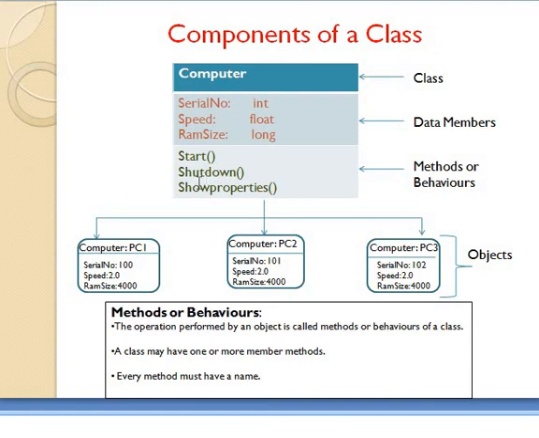In the same way, if the second computer with the identity PC2 has to start its operations, then it should interact with the class and call the method start. In this way, the computers can shut down or start up whenever required by interacting with the class, and this clearly shows an example of a real-world problem that uses the object-oriented approach.